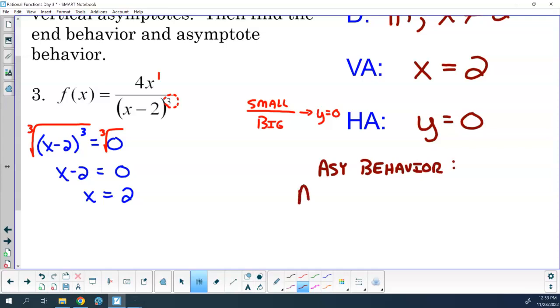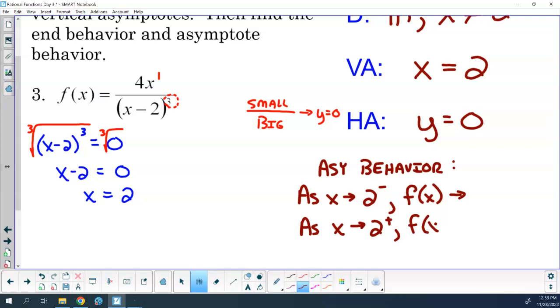So we're going to say as x approaches 2 from the left, my function approaches something, and as x approaches 2 from the right, my function approaches something. Okay?